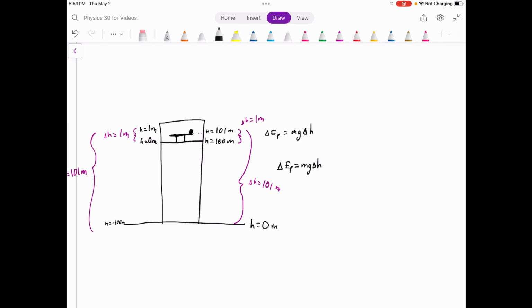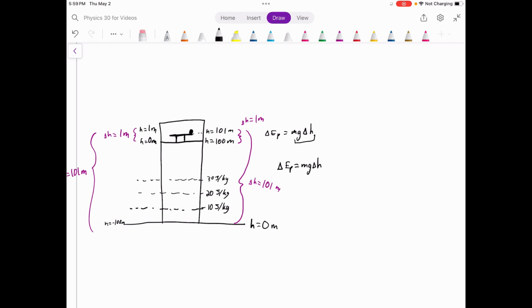And maybe you do the math on it and you do g times h, and you say that per kilogram of mass it would gain 10 joules of potential energy to get there, right? 10 joules per kilogram. And of course, that would be true at all of these heights here, right? And then you go up and you say, okay, there it would be 20 joules per kilogram, right? And maybe here it would be 30 joules per kilogram, okay?